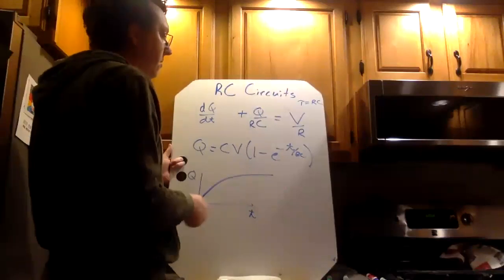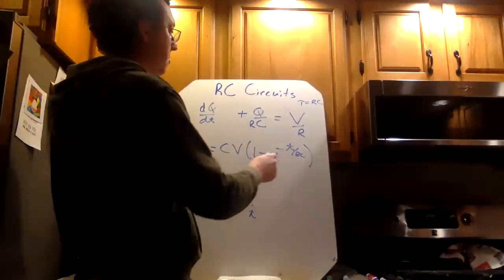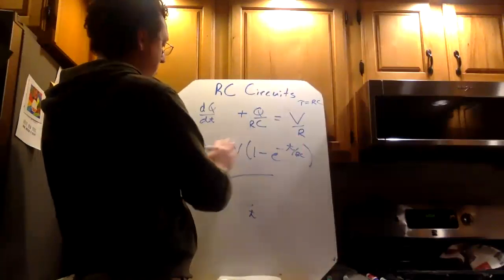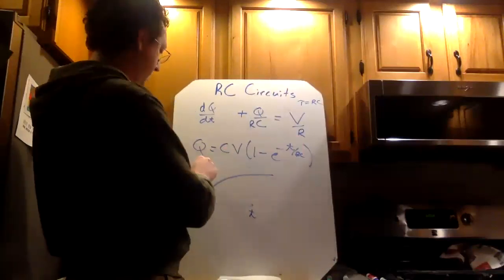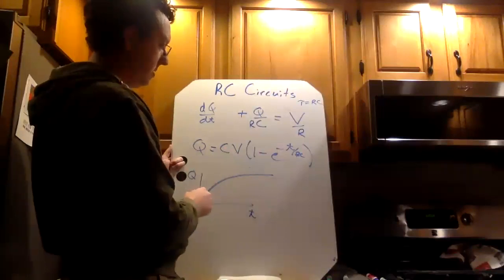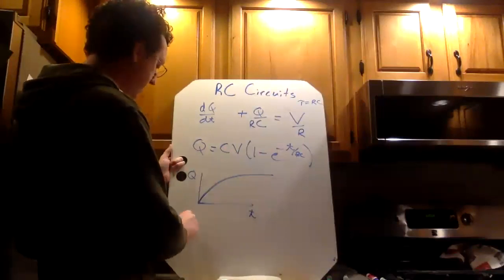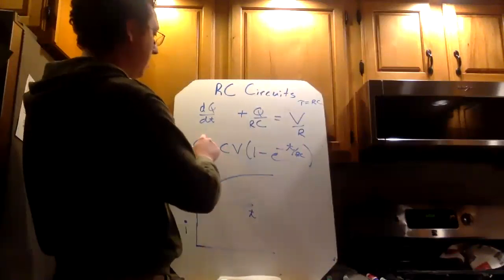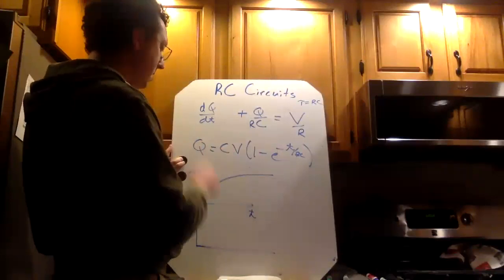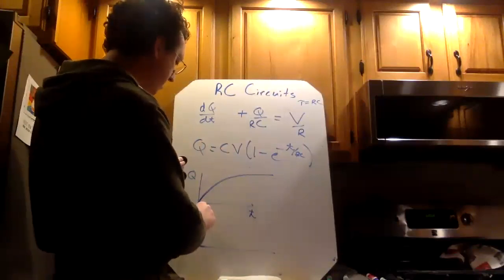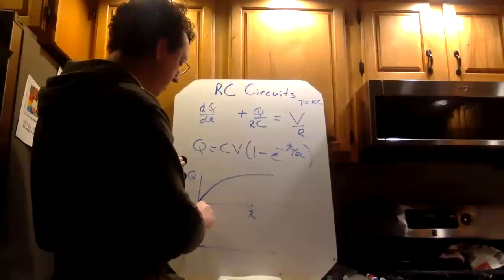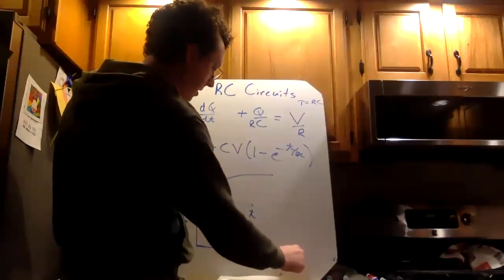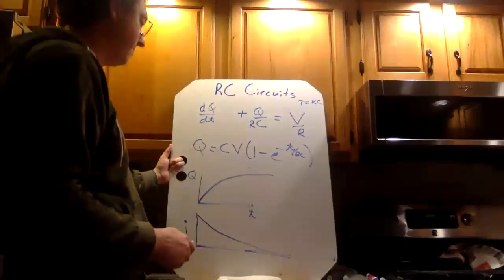If you wait forever, this exponential goes to 0, and you just get Q equals C times V. The current, given by the time derivative of the charge, has a graph which starts off not 0 and falls off, asymptotically approaching 0.